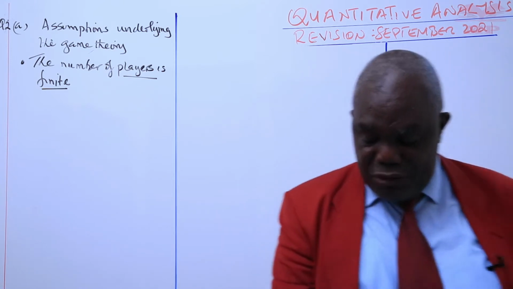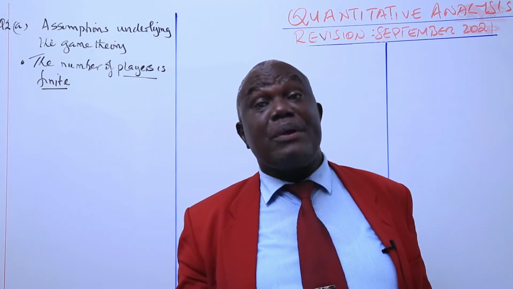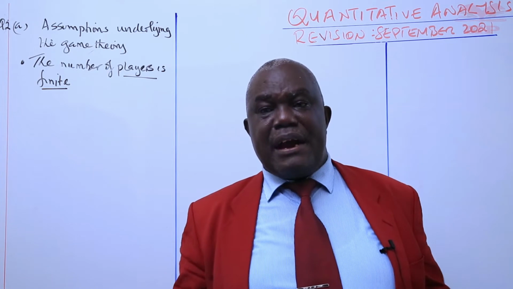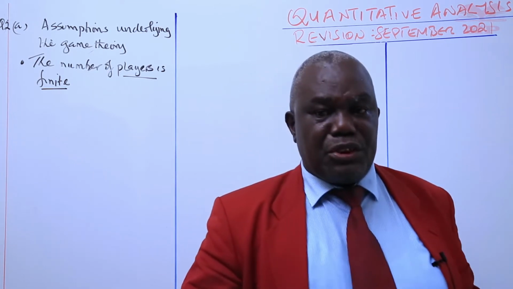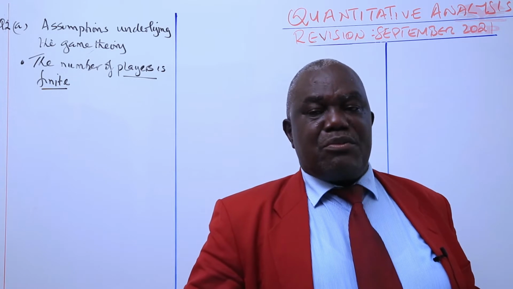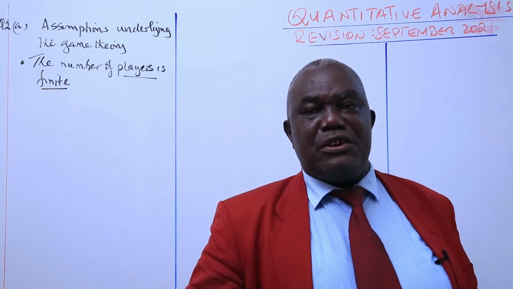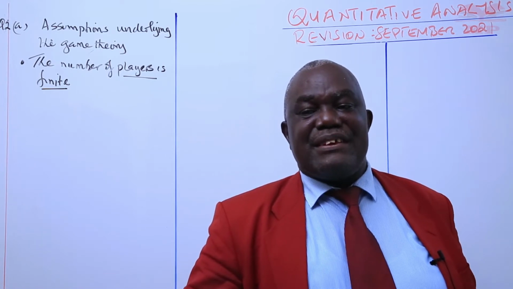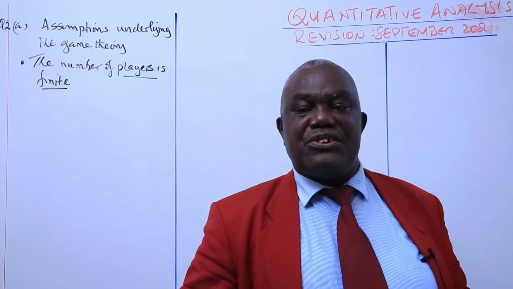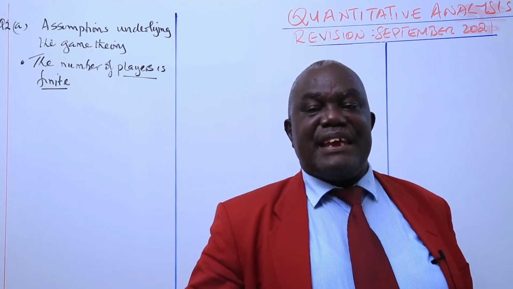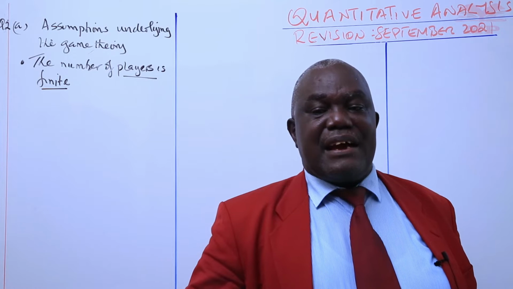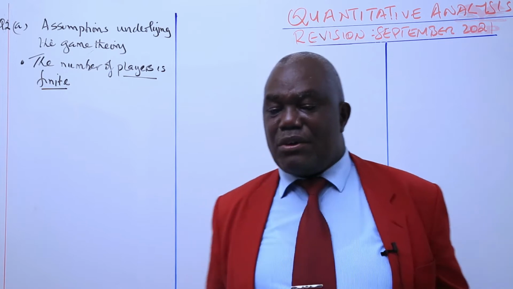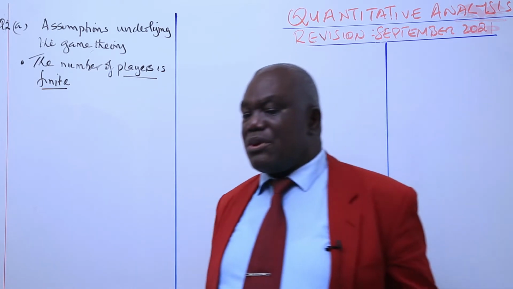Whatever the game, whether it is netball, and even if we have the economic aspect of game theory, for example monopolistic competition, oligopolistic, they are all small firms but countable. We talk about supermarkets. We have media stations, NTV, KTN, Citizen, name them, they are countable. They are all players, and that is one of the assumptions: we can count them, they are finite.